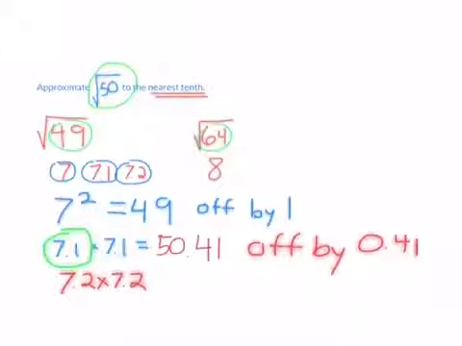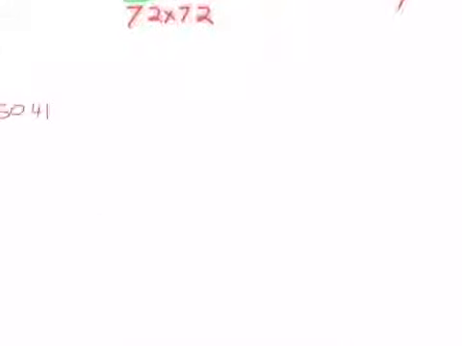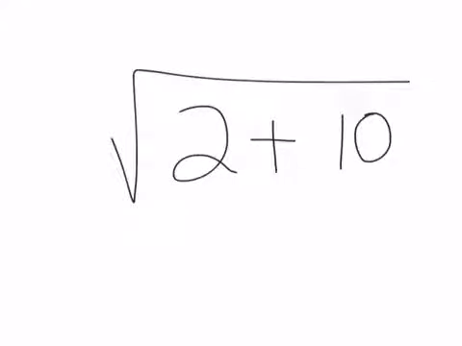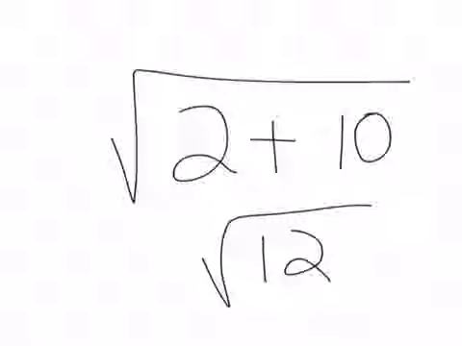A couple other things that you're going to need to know. If you see a square root that looks like the square root of 2 plus 10, that's just the same thing as the square root of 12. So add the numbers inside together first, and then take the square root.